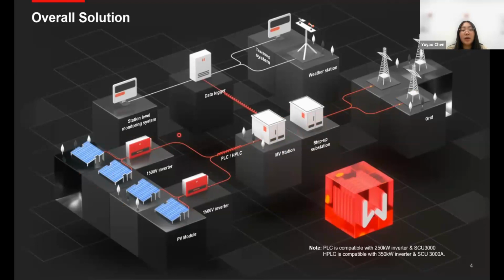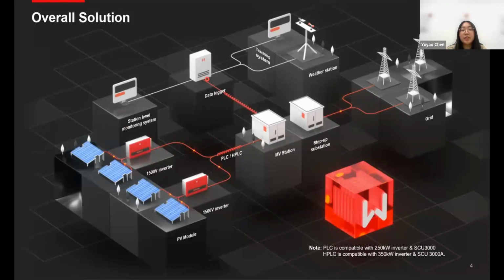So apart from this energy flow, we also have the information. Here, this one is the data logger. The data logger collects the information in the PV area here. For example, this PV data logger is a communication box.